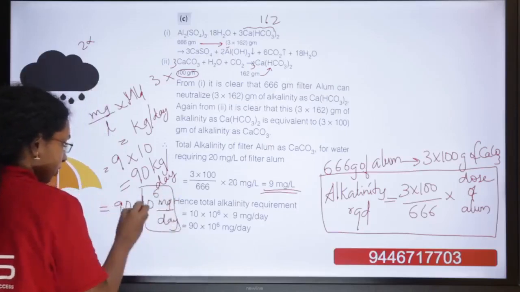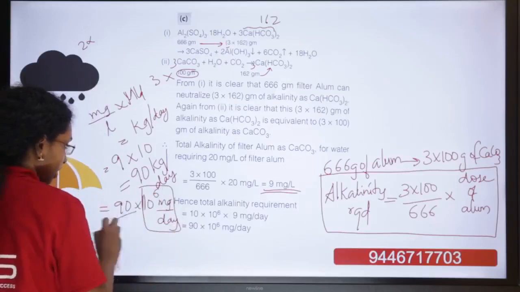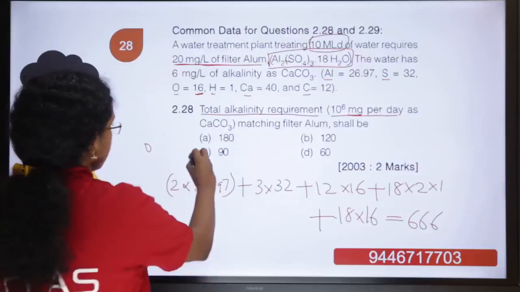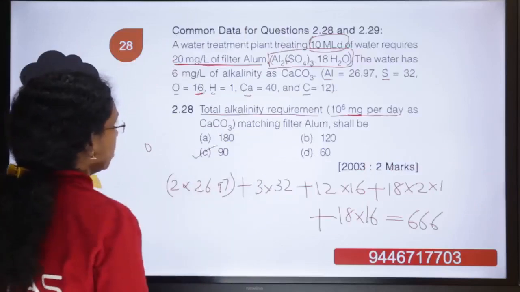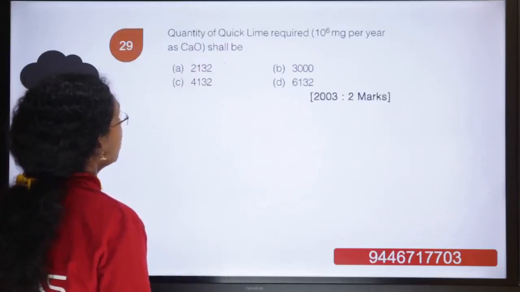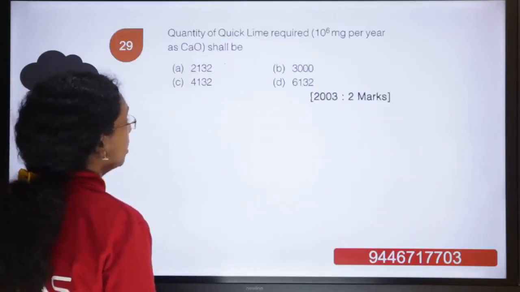So 90 into 10 raised to 6 milligrams will be the answer. So 90 is the answer that we have to find out. That is option C.